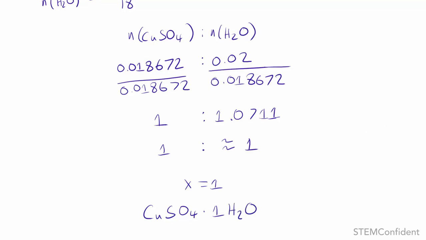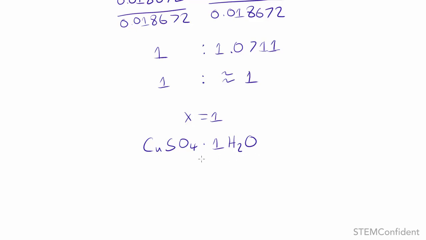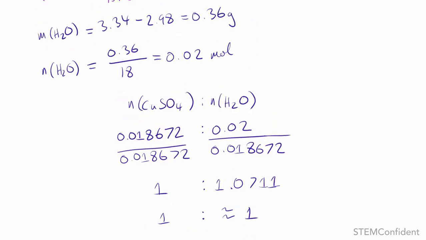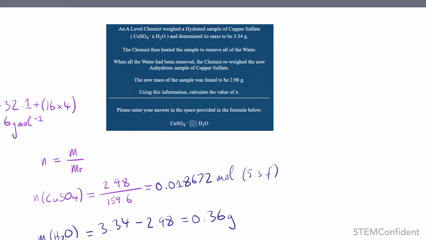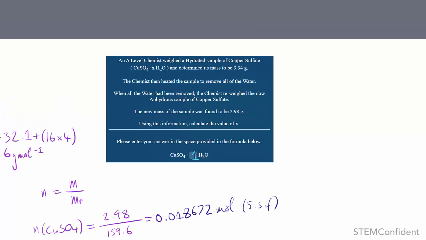Of course, because we have a 1, we could literally just write CuSO₄ dot H2O, but for the sake of numerical clarity, entering our value for x, we would put that the value for x here is 1.